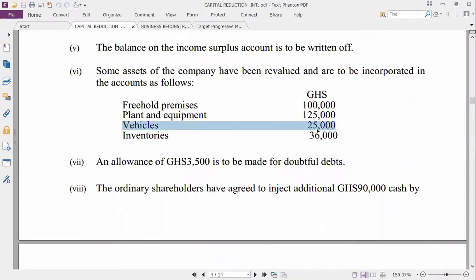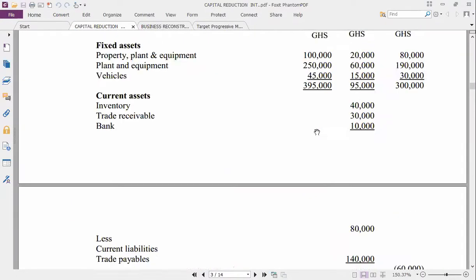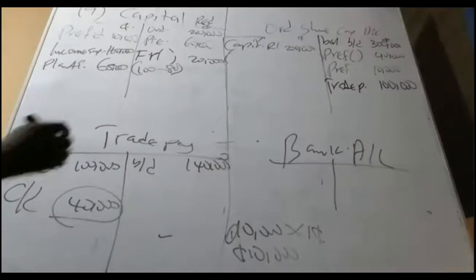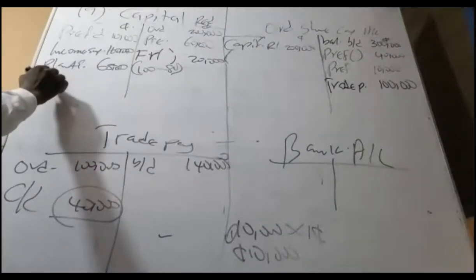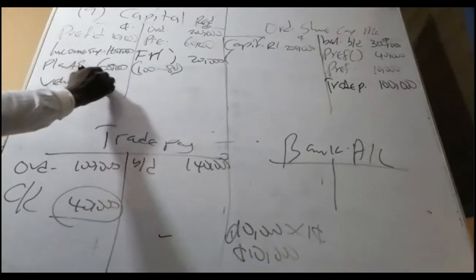Fair value is 25. What's the book value? The book value is 30,000. So that's the loss. A loss of 5,000. So vehicles, a loss of 5,000. If you are working in there, you could answer here 5,000.